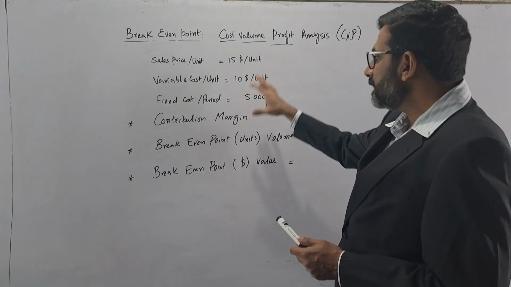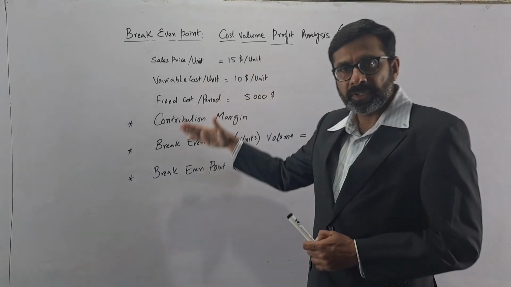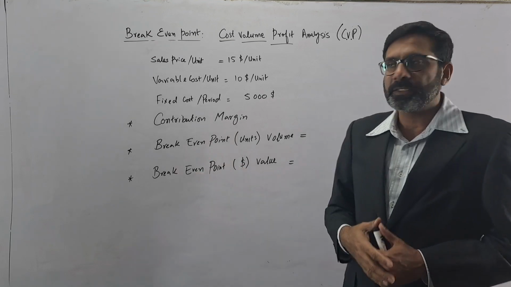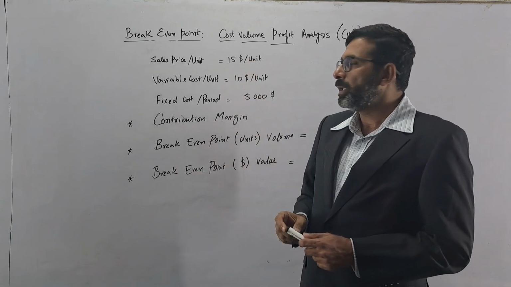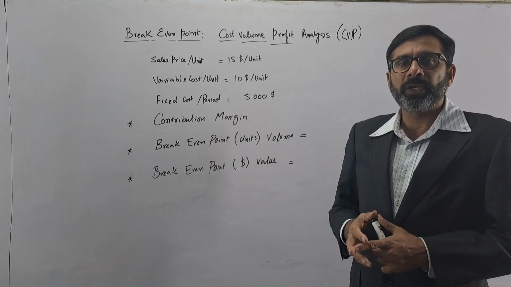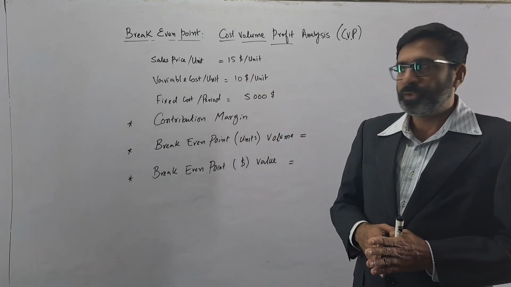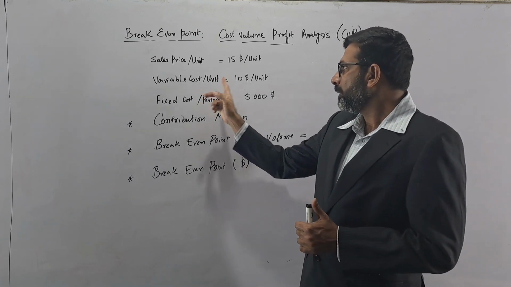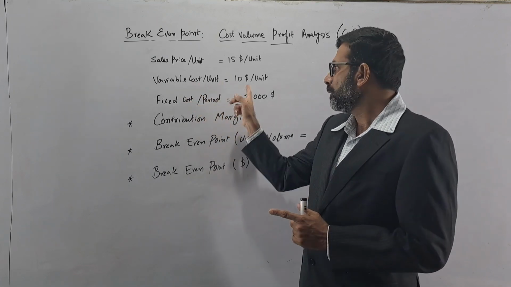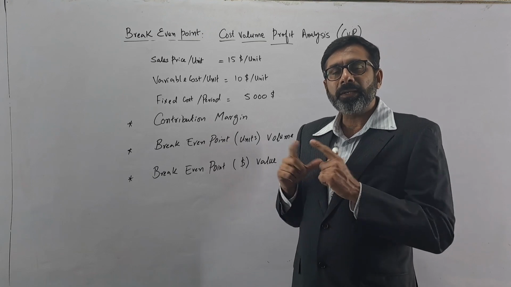We assume three basic values, and we will continue with these values in the next lectures also. The sale price per unit: they have one product and they are selling it for $15 per unit. The variable cost for that product is $10. What is the variable cost?